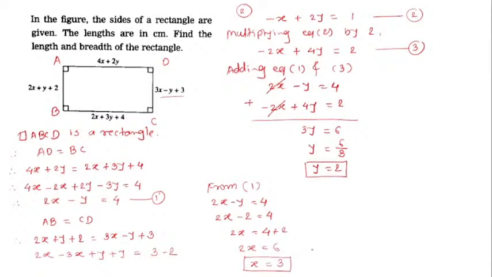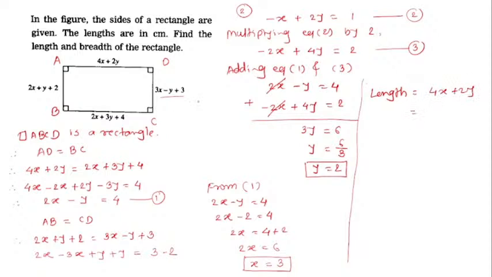Now we have to find the length and breadth of the rectangle. In this there are two lengths, AD and BC. We can find either one of them. Among them, AD looks easier to us. So to find the length we should use that expression. For that one, we have the length of the rectangle is 4x plus 2y.